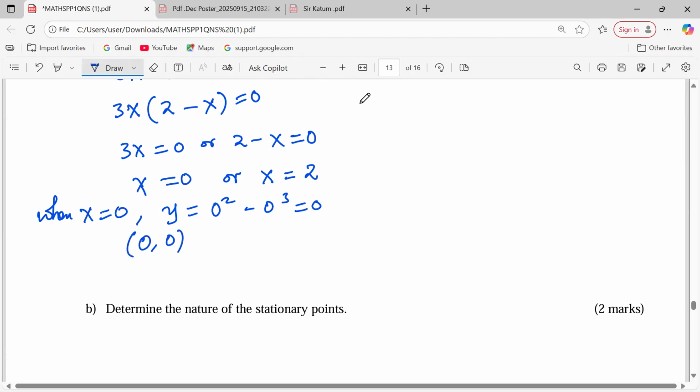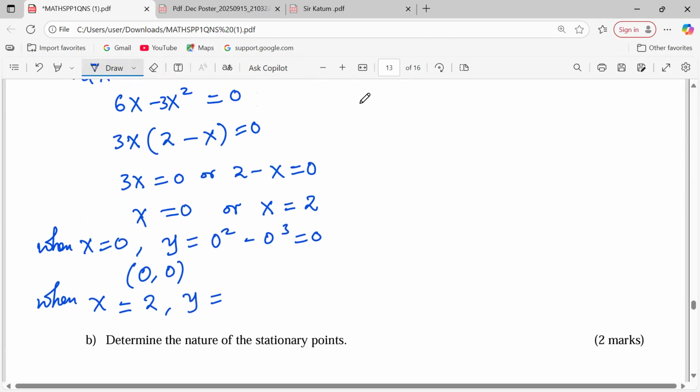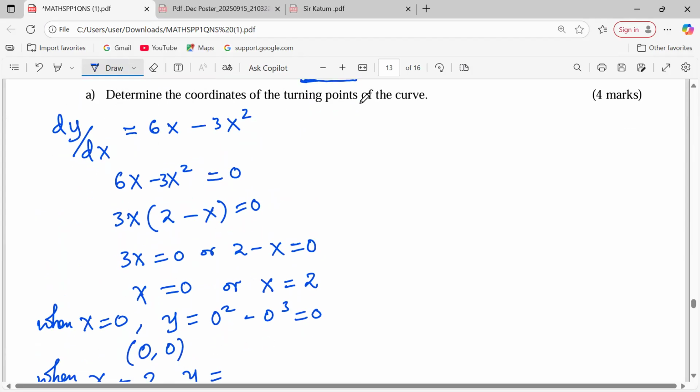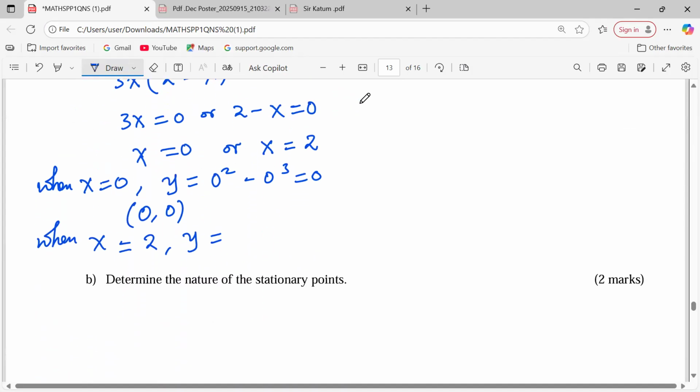That's one coordinate. Another coordinate is when the value of x is 2, then y shall be, according to the original equation, 3x squared minus x power 3. Let's substitute in the right way. But remember, even if you substitute 3 at this point, it shall still be 0.